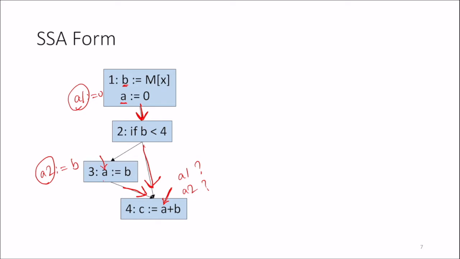We want to encode somehow that the branching here matters. So which entry point you take into a basic block matters. And so what we do is we use something called a phi function. It can choose for you between A1 and A2, tell you based on the branch coming in, whether to choose A1 or A2, like we saw just now.